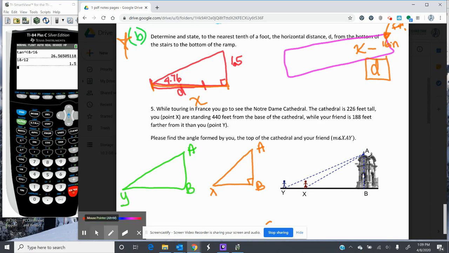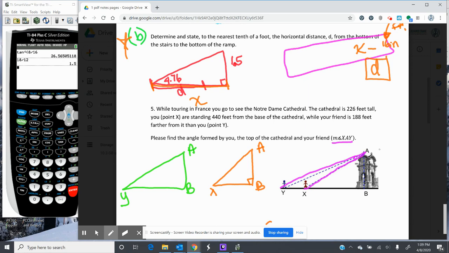What they're going to be looking for is the measure of the angle XAY. So from X up to A down to Y. That's kind of the difference between two angles here.